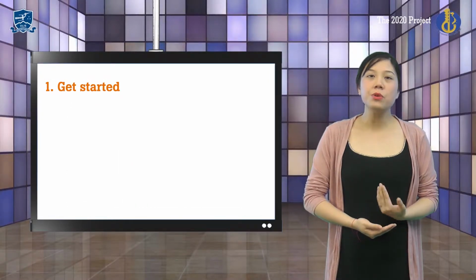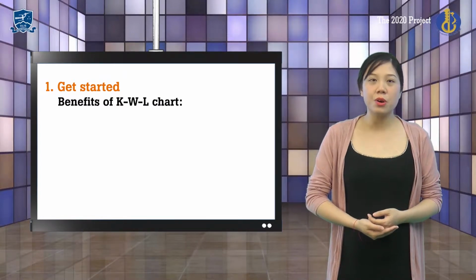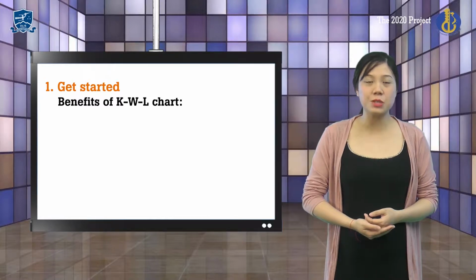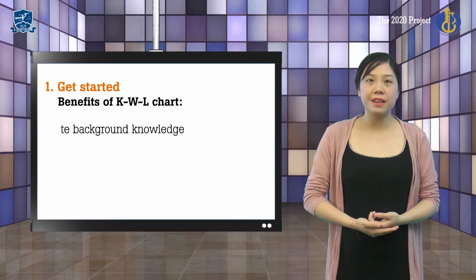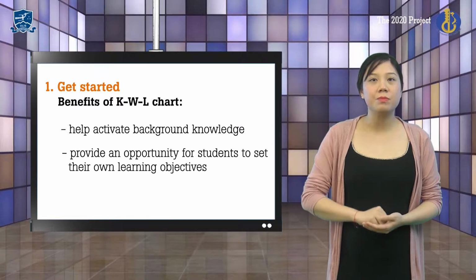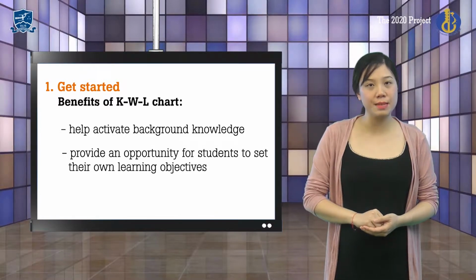So, why do we need a KWL chart? Because of all the benefits it offers, which can be summarized in 3 bullets. 1. It activates background knowledge. 2. It provides an opportunity for students to set their own learning objectives.